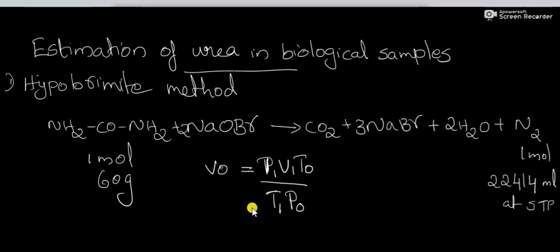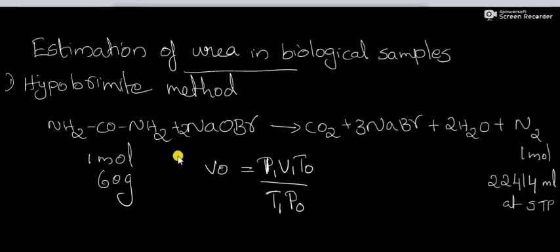From that equation we can calculate the volume at STP, V0. Then the mass of urea in the sample solution taken is calculated as, we know that 22,414 ml of nitrogen at STP is liberated by 60 gram, that is 1 mole of urea. That is from the equation.